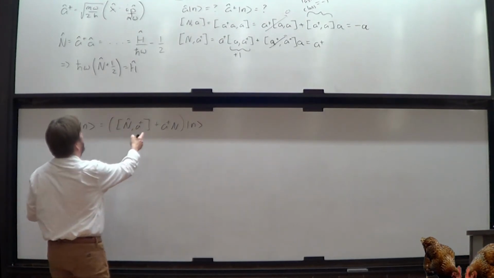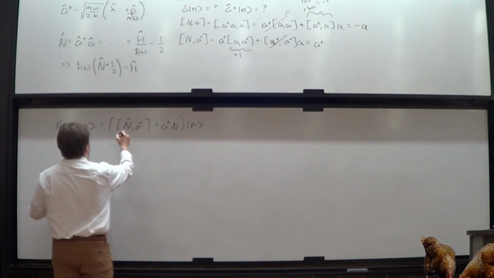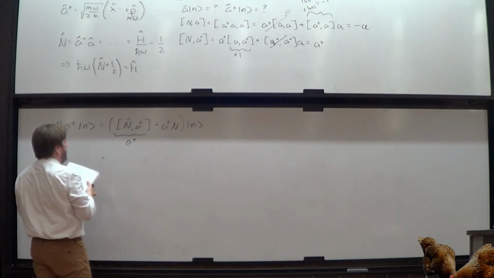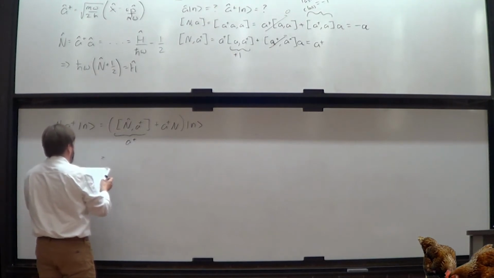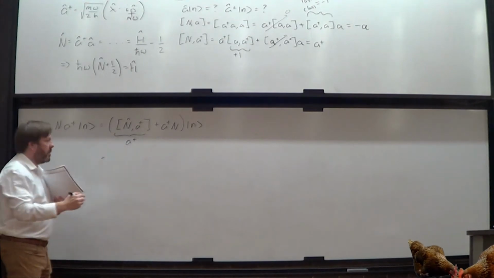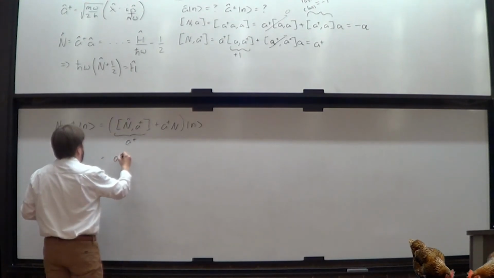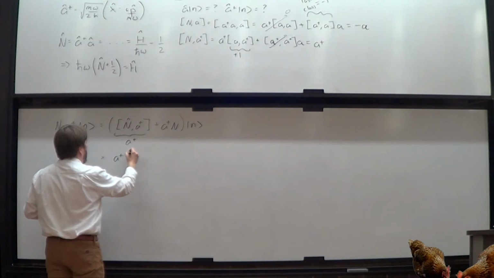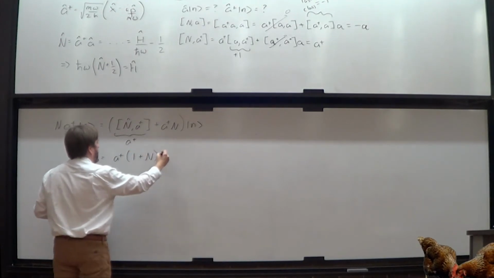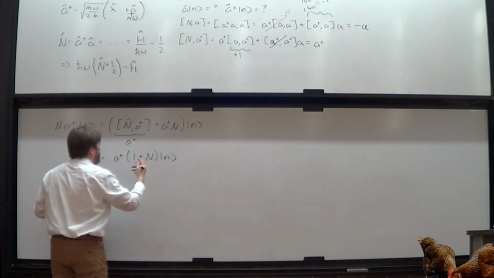Now, I've already done the commutator of this, so this is A plus. Okay, so this is equal to, and remember, always keep your order straight. You imply extra knowledge that you may not have if you change the order.